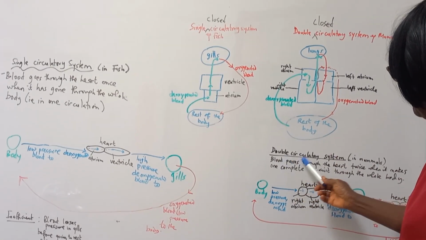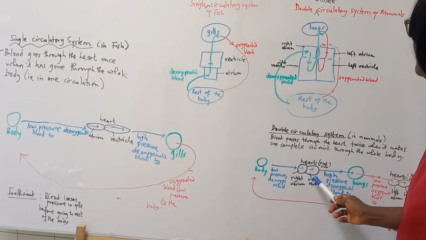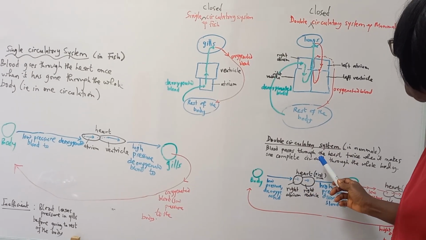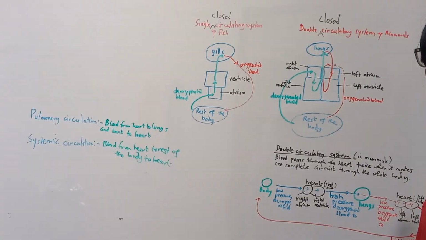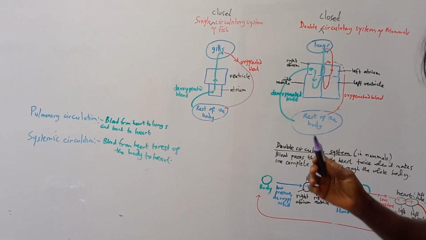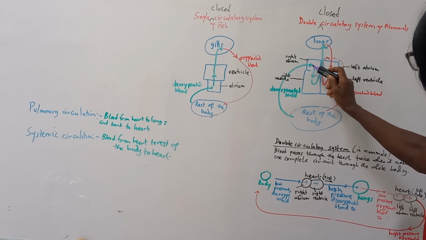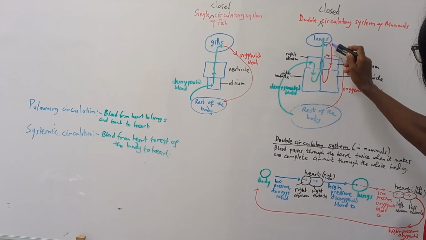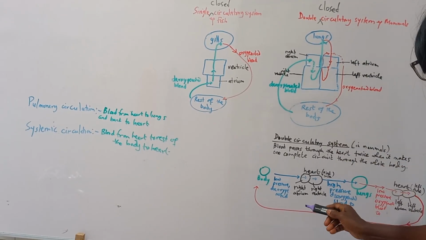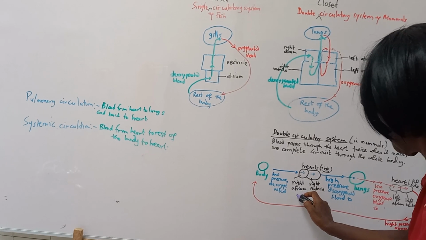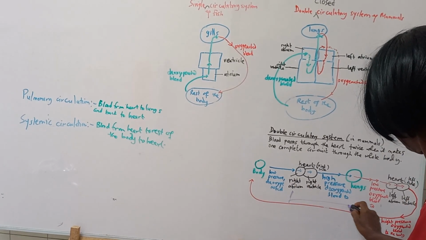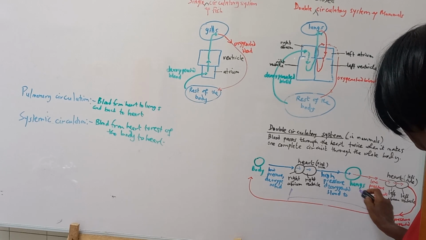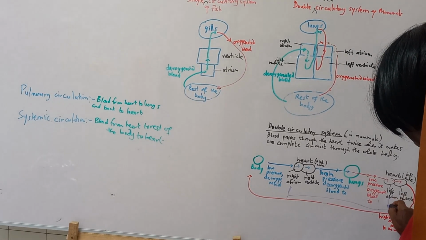Now, this double circulatory system can also be divided into pulmonary circulation and systemic circulation. Pulmonary circulation is blood from heart to lungs back to heart. That's pulmonary. So in this diagram, we have blood from heart to lungs to heart.